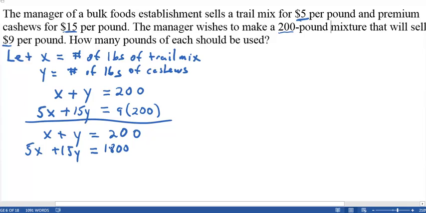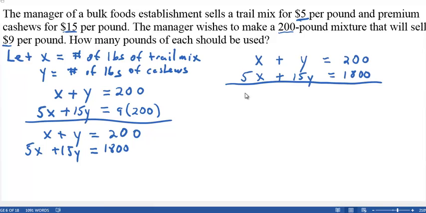So I'm going to go ahead and use the elimination method. I choose to eliminate the x variable, so I'm going to multiply that first equation by negative 5. So my new equation would be negative 5x minus 5y equals negative 5 times 200, which is negative 1000.